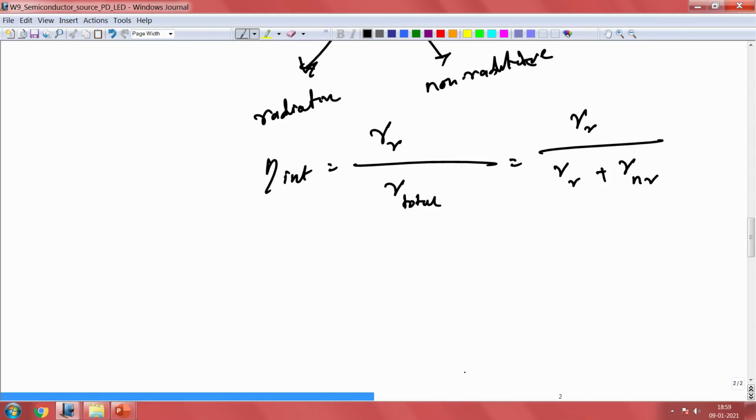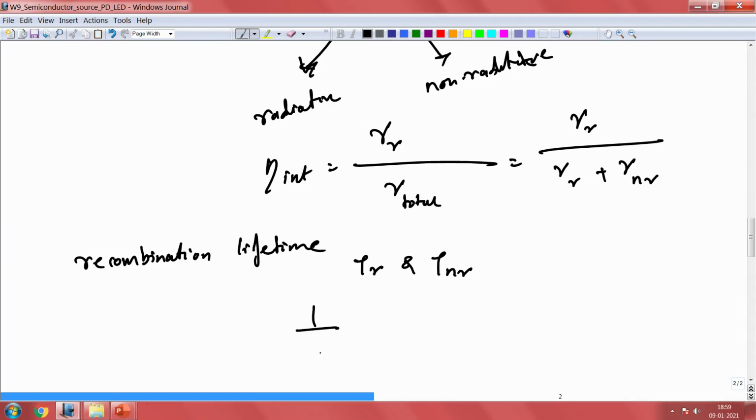So, that means the recombination lifetime is inversely proportional to the radiative and the non-radiative rates that we just saw. Okay. So, that is nothing but tau r and tau nr. All right.